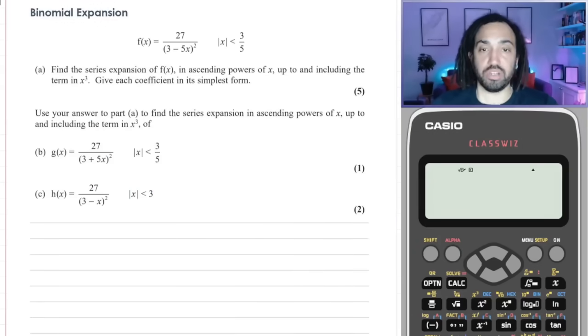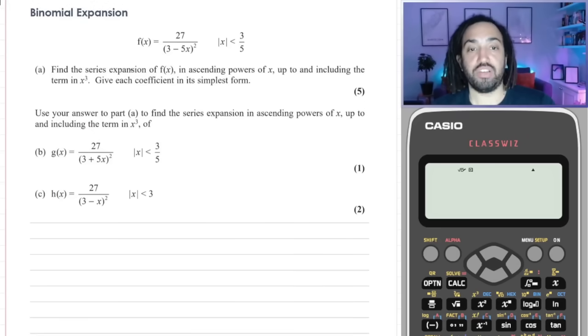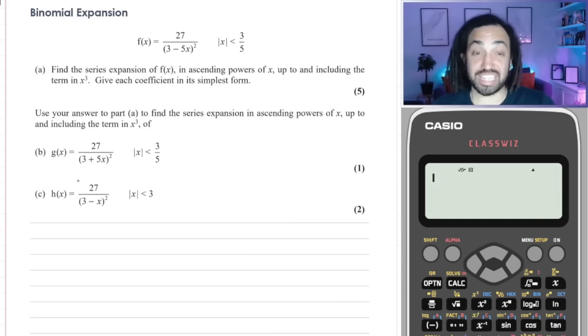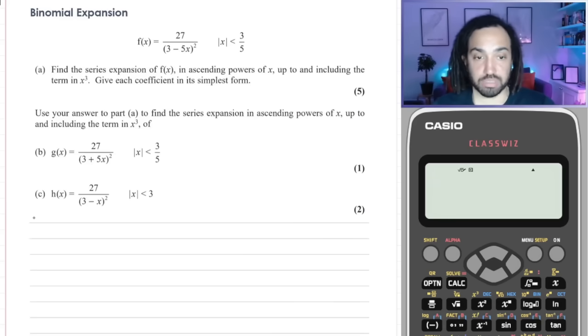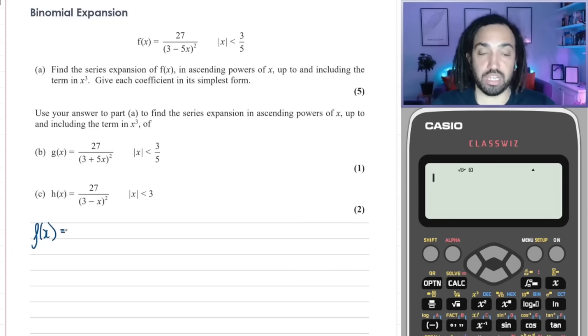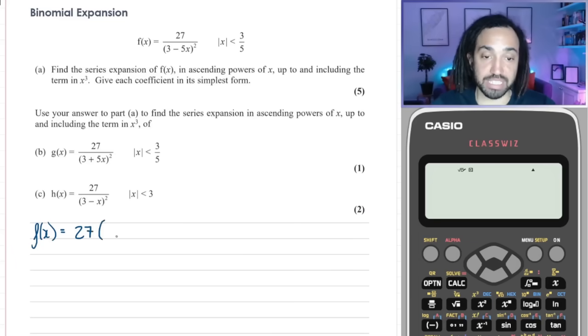Lovely. Okay, binomial expansion, absolute classic. Find the series expansion of f of x in ascending powers up to and including the x to the cube term. Oh, wowzer. Okay, so let's rewrite this in a way which we can then expand it, which would be to write it as a negative power like this.